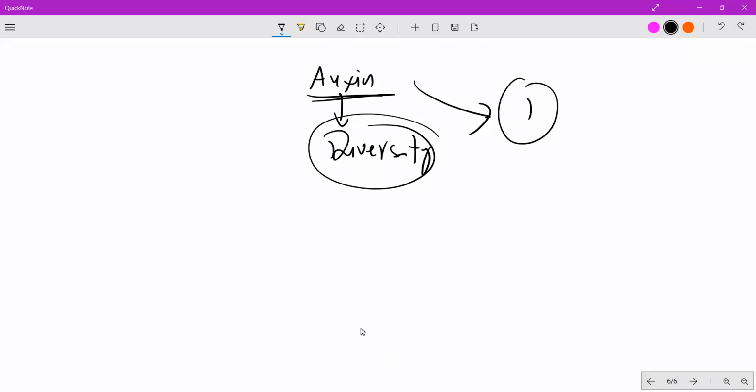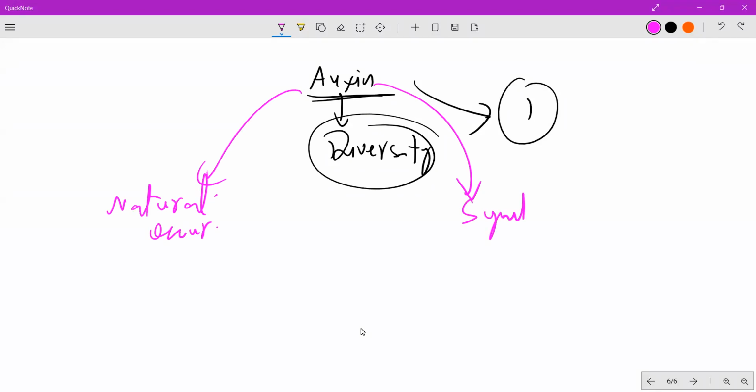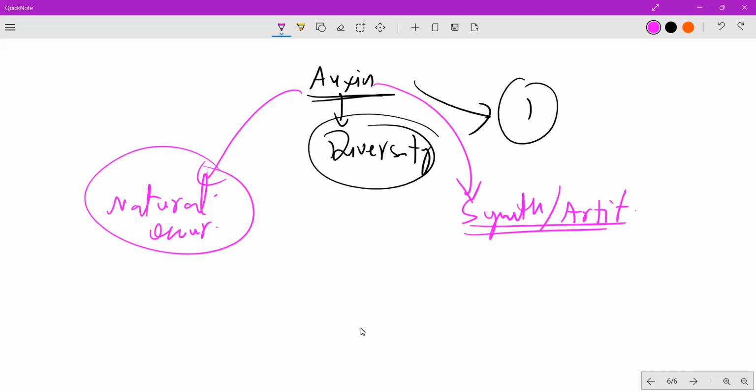There are various compounds which we can claim as auxins, and they can fall under two categories. One, we have the naturally occurring auxins, and the other, the synthetic, man-made, artificial auxins. Naturally occurring auxins are naturally found in the plants.